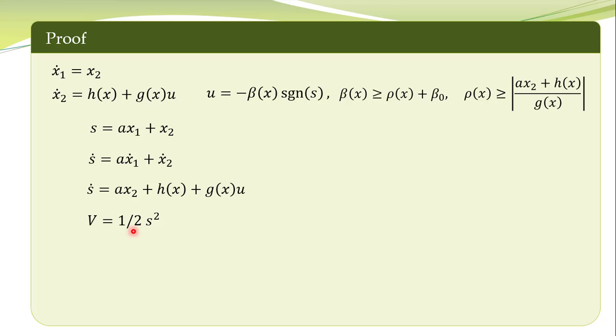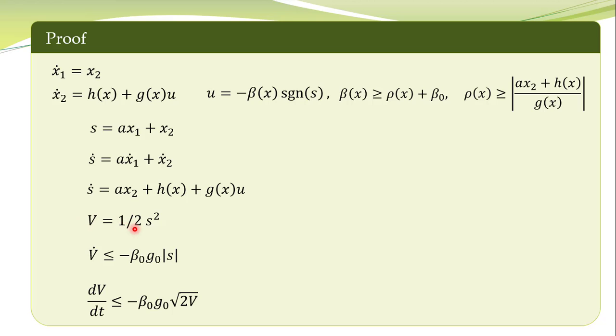V is equal to half s square, and we have demonstrated that V dot will be less than 0. This expression has this meaning. V dot is actually nothing but dV by dt. And what is s? The absolute value of s is equal to the square root of 2 multiplied by this candidate Lyapunov function V. From this expression, we bring 2 to this side and take the square root.